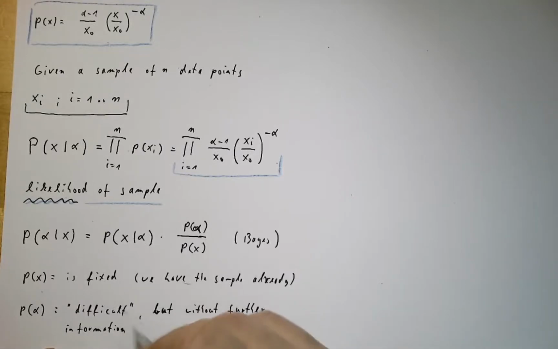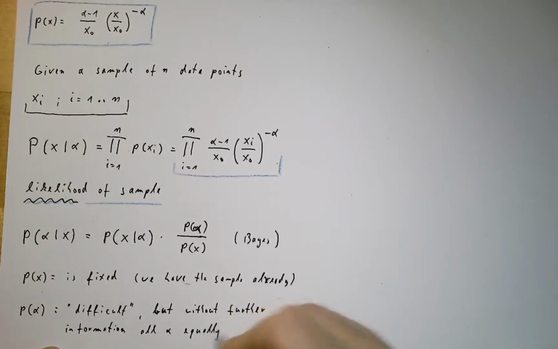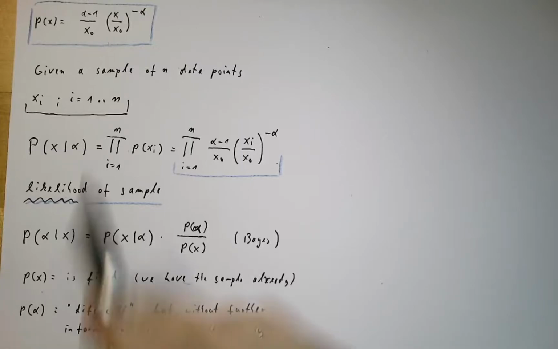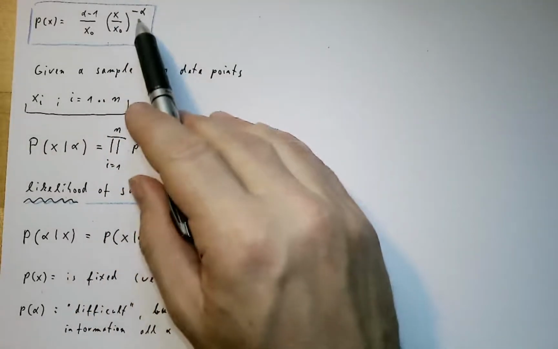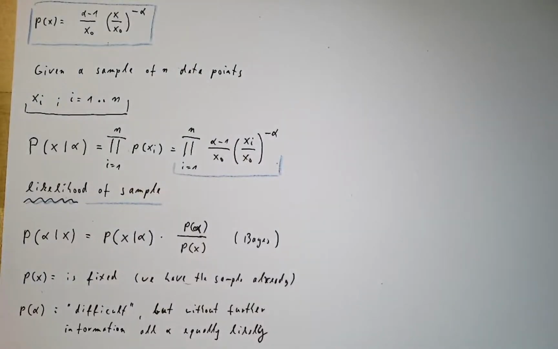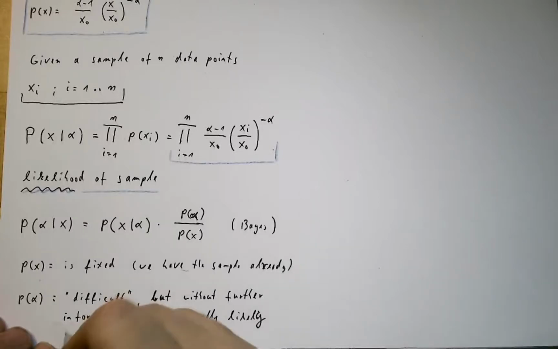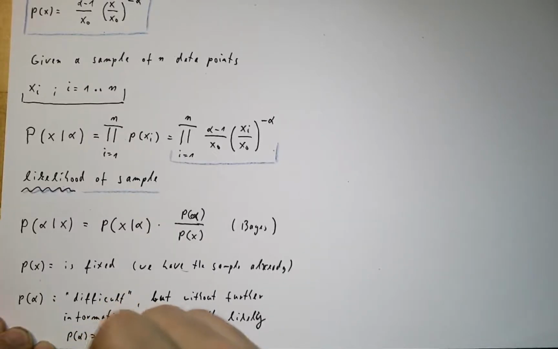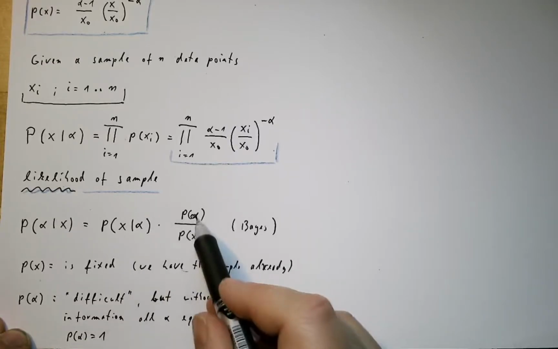Without further information, all alpha equally likely. Or we could say, at least in a certain range, because we know for alpha smaller than 1 we get problems here. So then we just set this p of alpha to 1 and say the intrinsic probability for all alphas is constant, is 1.